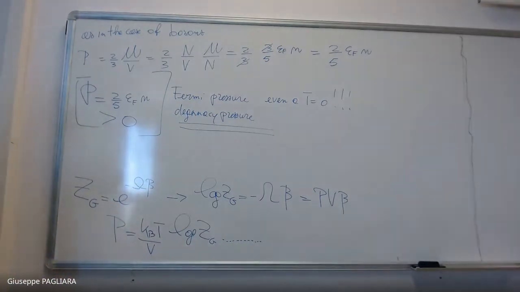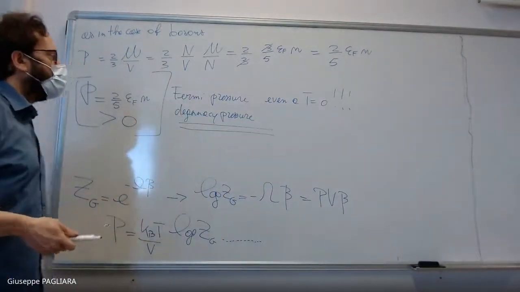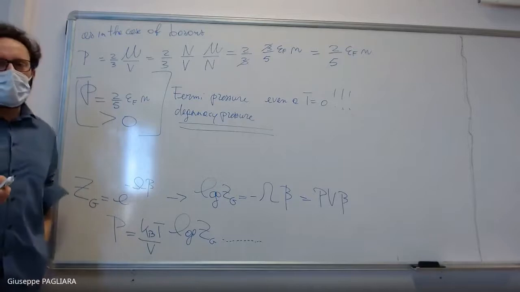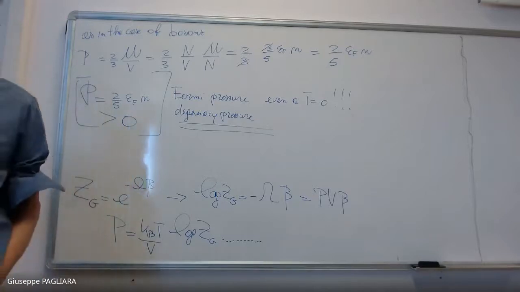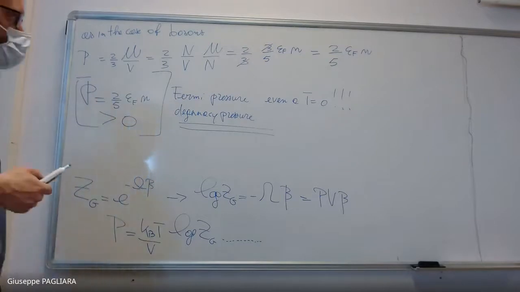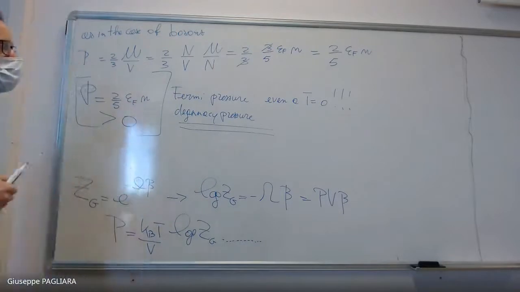But basically, the important point is that at small temperature, or T equals 0, in any case I will have a pressure. And this is the case for many astrophysical objects, like white dwarfs or even neutron stars, which have an important contribution to the total pressure given by the degeneracy pressure of neutrons. This is not enough to keep the star stable, but it's an important contribution in any case.